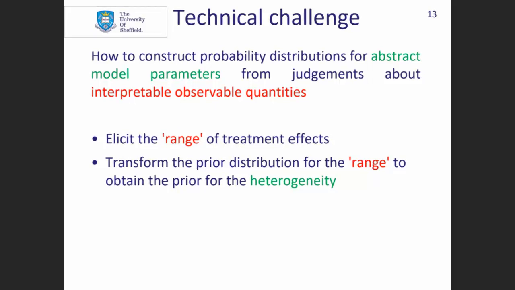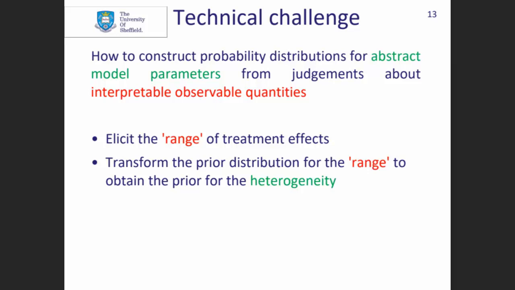It would be impossible in general to get information from our experts about model parameters directly, because these parameters are very abstract quantities. So for example, in our case, it would be asking experts for their thoughts or opinions on the variance parameter or the standard error of the normal distribution in the random effects model. They would probably just go, what?